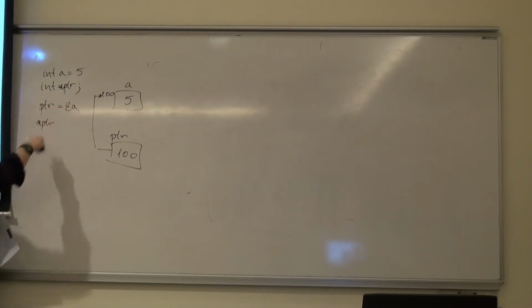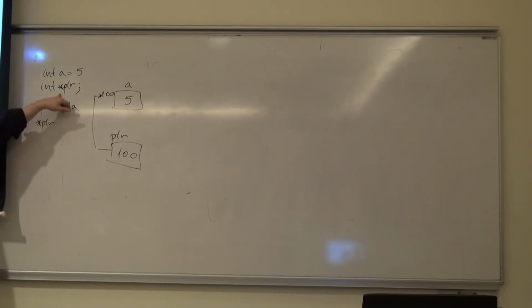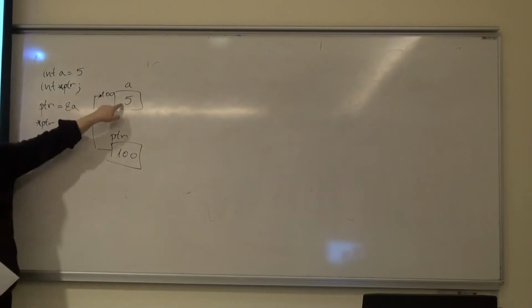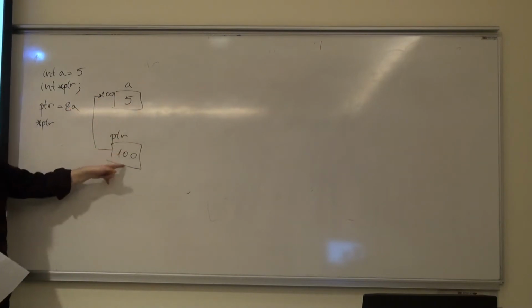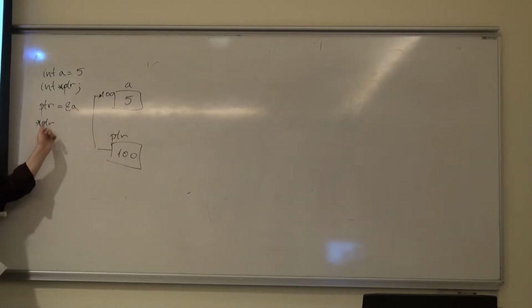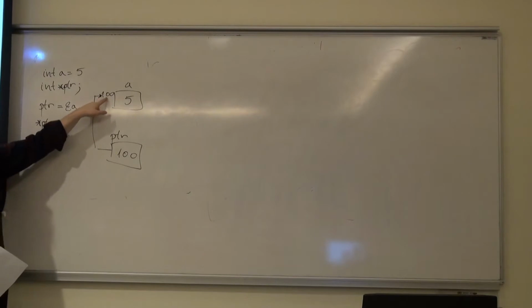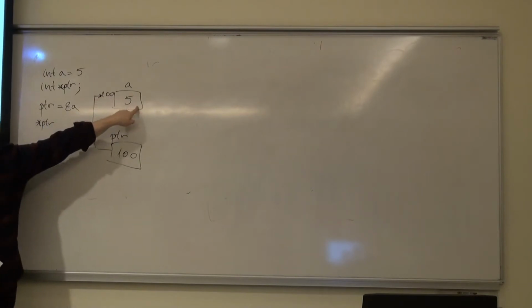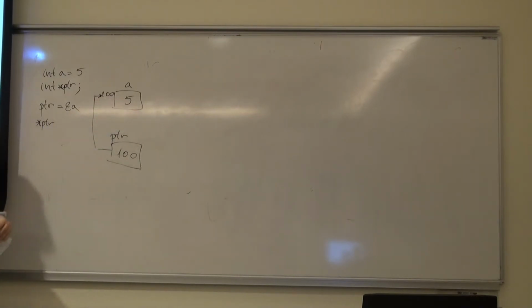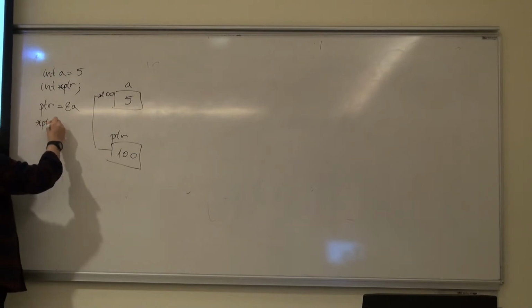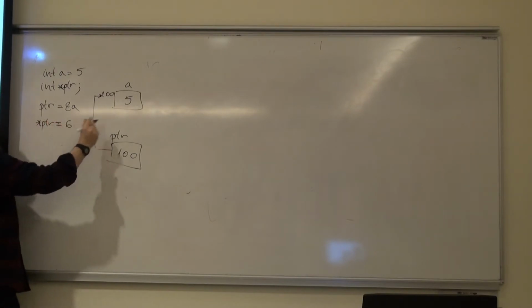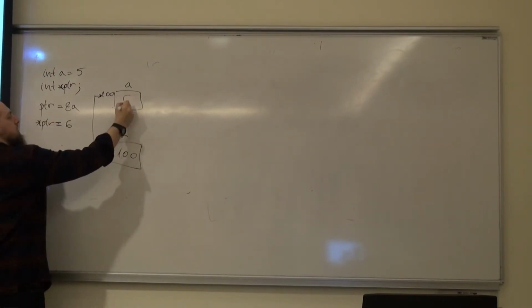This is for the initialization part, and this is for accessing the value to which ptr is pointing. So ptr is pointing to 100. When I say only ptr, it's 100. But when I say star ptr, it's the value of the content of the address 100. So if I want to change that value, and if I say this is equal to 6, then this guy is going to be 6.